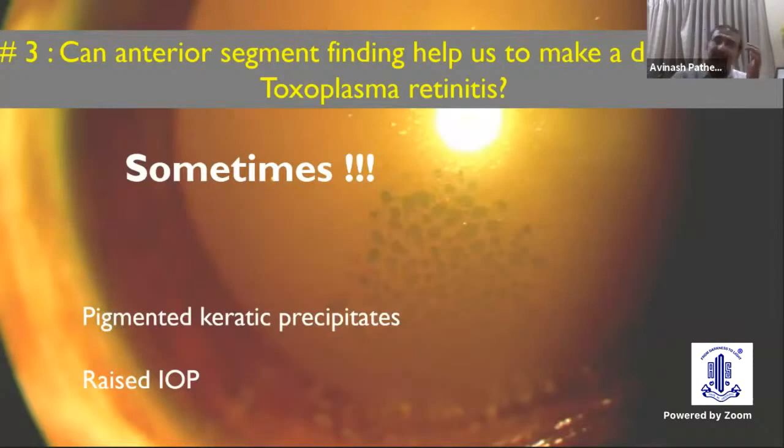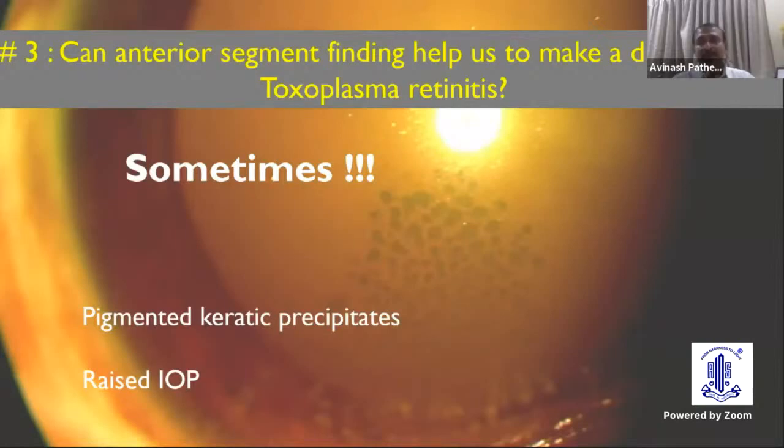Can anterior segment findings help us make a diagnosis of toxoplasma retinitis? Most of the time not, but sometimes they do. Mainly it comes from the fact that some of the keratic precipitates which can be seen in an acute setting can be pigmented in toxoplasmosis. And very rarely, there can even be a raised intraocular pressure.